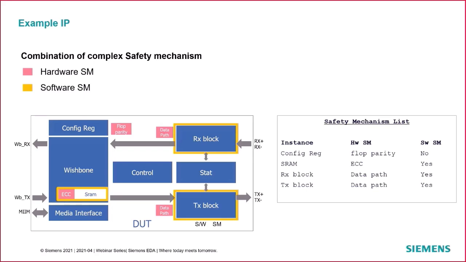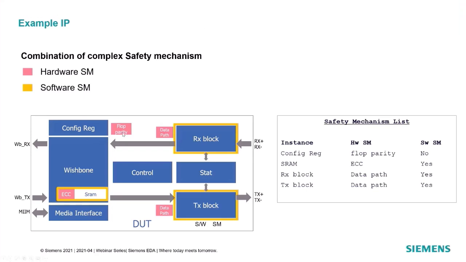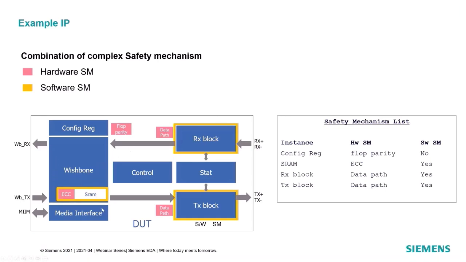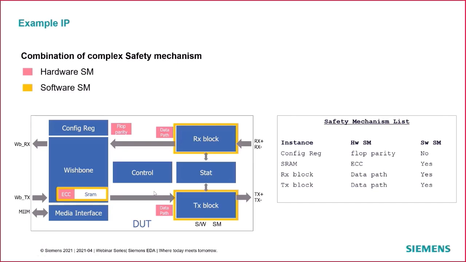We can see what would be the effect of a safety mechanism on the entire system without even inserting it. This portion that I'm showing is just the exploration side. We have not changed any existing RTL in this case. We are just seeing what would happen if we were to add the safety mechanism in the design.